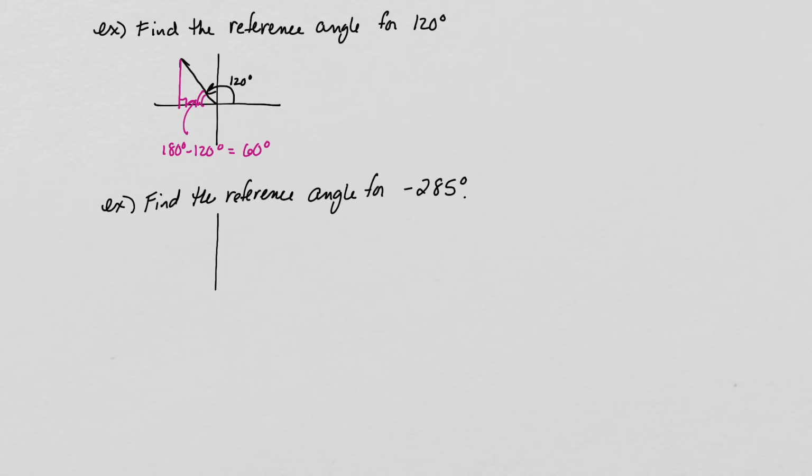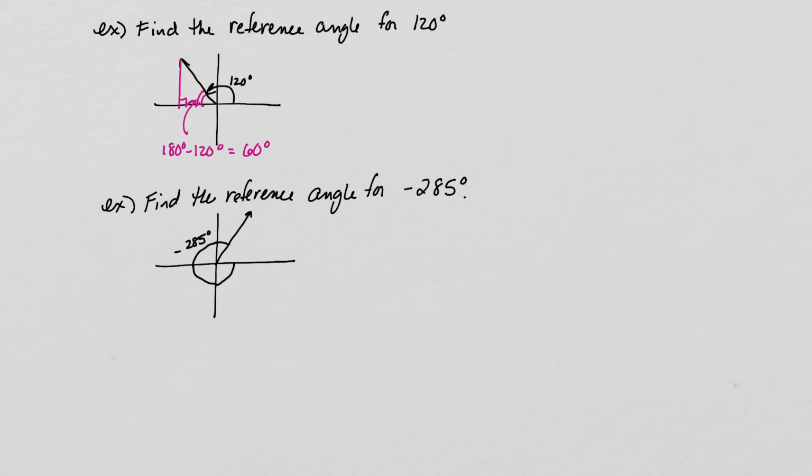So again, negative 285 degrees. That's an angle that's spinning in the negative direction. So this is negative 90, negative 180, negative 270, so it's someplace over here. So this is negative 285 degrees.